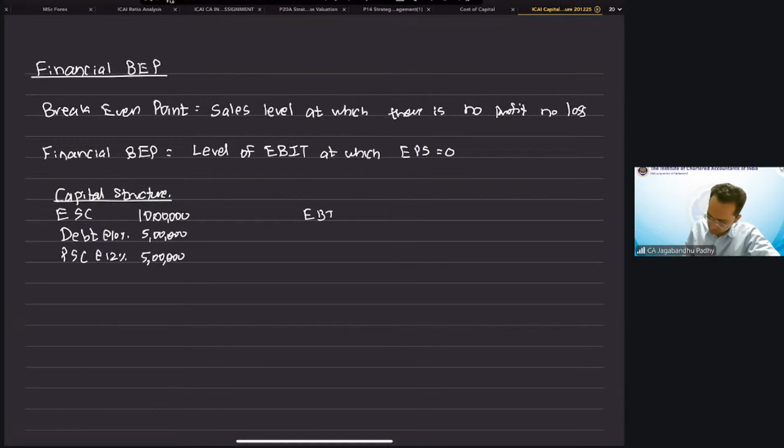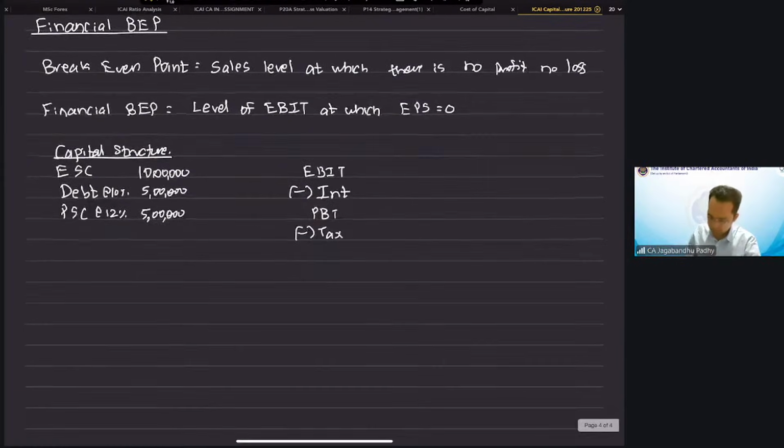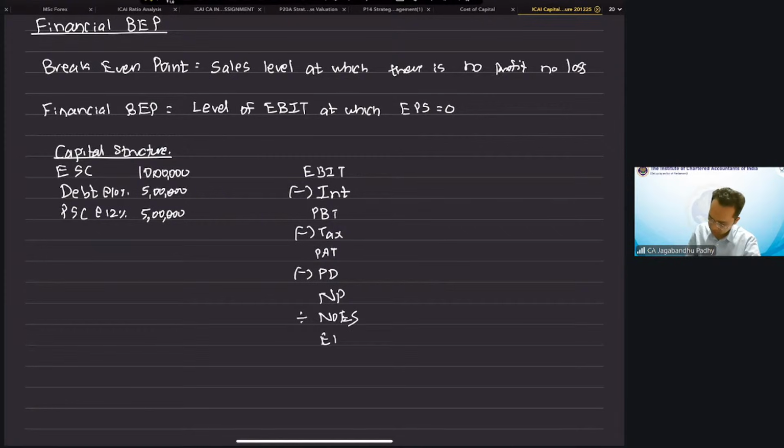Now, let me just give you some exercise. We have EBIT. From that, we subtract interest, so we get the PBT. Further, we subtract the tax, so we get profit after tax. Then further, we subtract the preference dividend, which gives us net profit. Divide this by number of equity shares, which gives us EPS. Now, one thing we know is that EPS is to be 0.